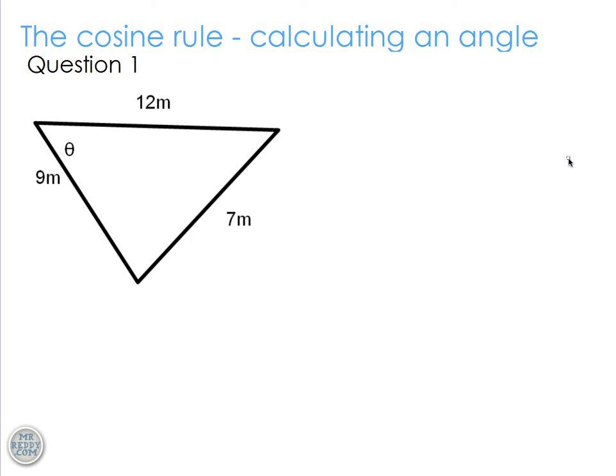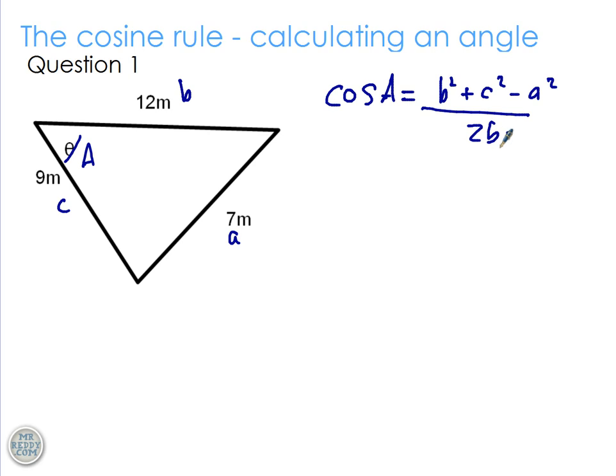Okay, let's go through what you should have. First, I hope you labelled that as angle A, and this is little a, little b, little c. You may have labelled that as C and labelled that as B. It doesn't matter, it's going to come out the same answer anyway, assuming you've done the rest right. So the next step is to write out the cosine rule. Cos A equals b squared plus c squared minus a squared all over 2bc.